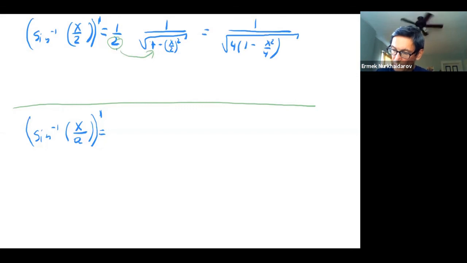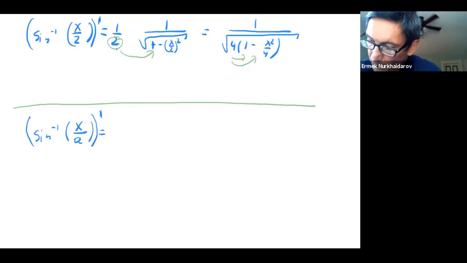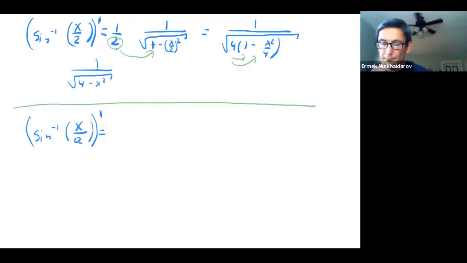Then we distribute the multiplication. You're going to get 1 over square root of 4 minus x squared. So that will be the answer for this.